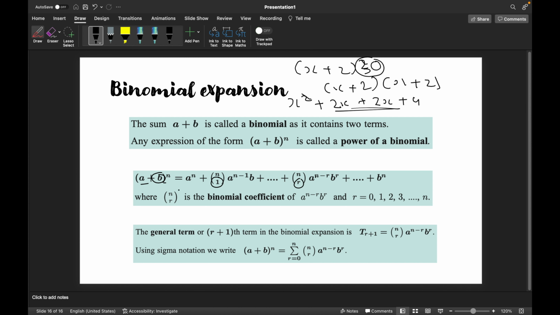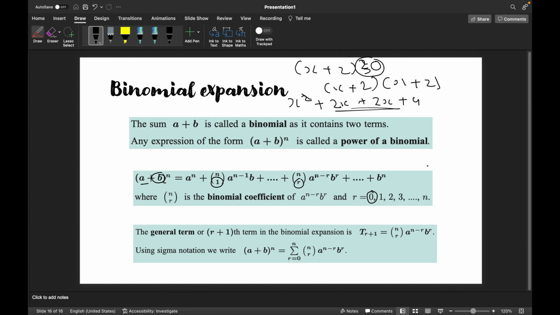And so on until we get b to the power of n. So this is where nCr is the binomial coefficient of a to the power of n minus r into b to the power of r, where r is a positive integer and it includes 0.